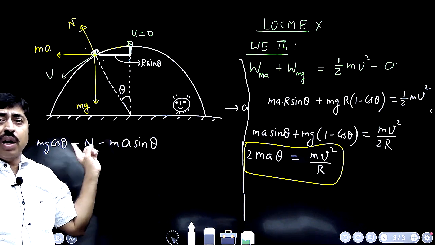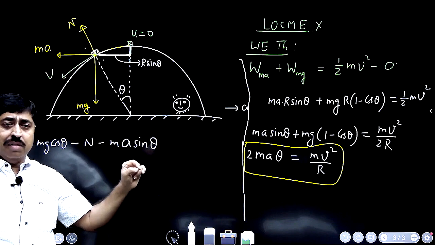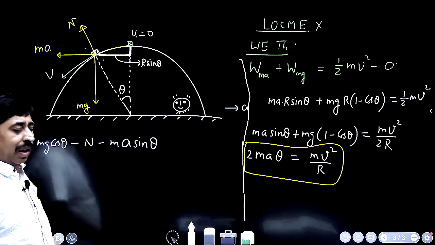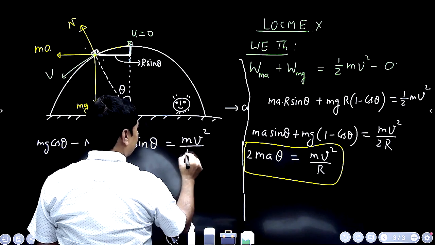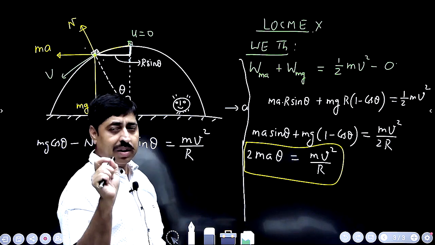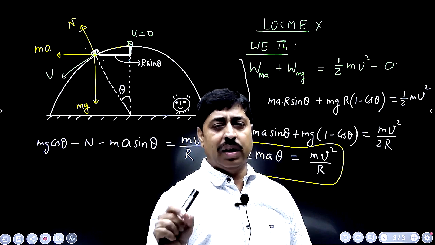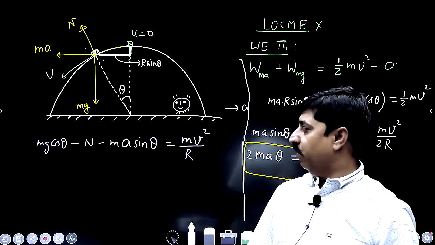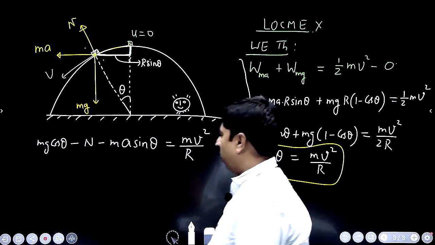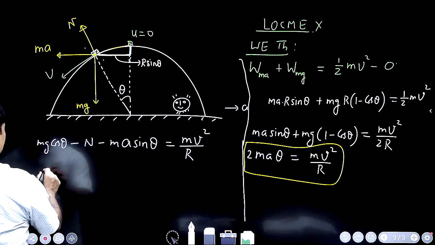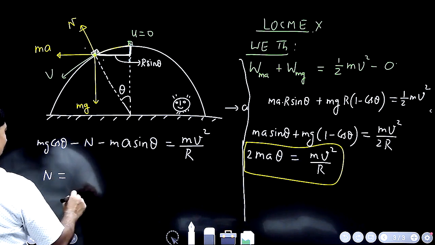So, net force acting on the block towards the center is this much, and this should be equal to mv square by r. We are assuming that block is still on the hemisphere, block is still moving on circular path, it has not left contact with the circular path. So, this is the equation that we get. Now, if I rearrange this to get the value of N, then what do I get?